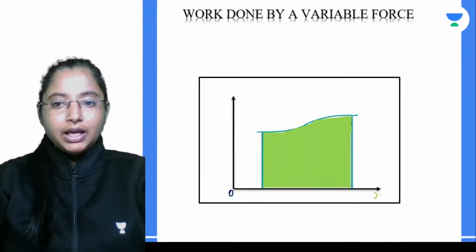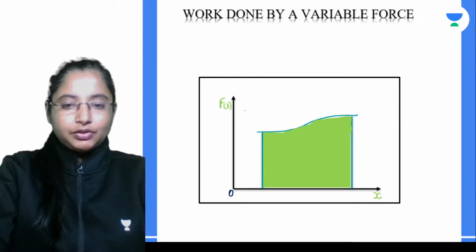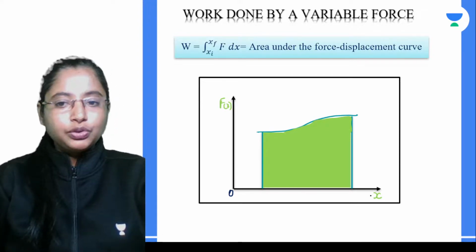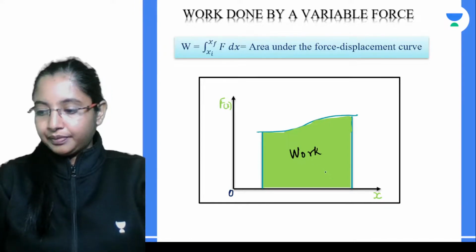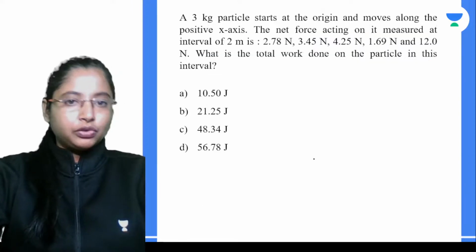Here we have the displacement versus force curve, and this gives you the area under the curve. Area under the force-displacement curve gives you the work done. This is how you calculate work done by a variable force.